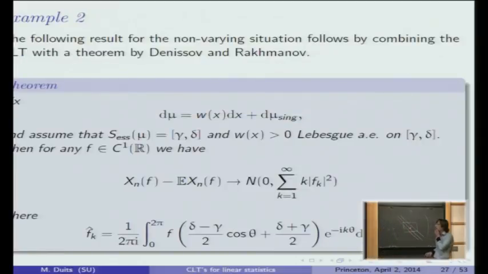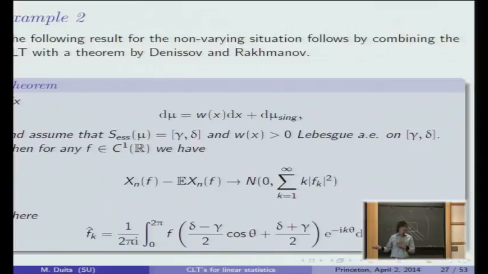So now you can ask, how general can this be? What kind of measures can we allow? I want to mention a theorem by Denisov-Rakhmanov. It says that if you have a compactly supported measure whose essential support is an interval, and the absolutely continuous part is positive Lebesgue almost everywhere on that interval, then you have limits for the recurrence coefficients.